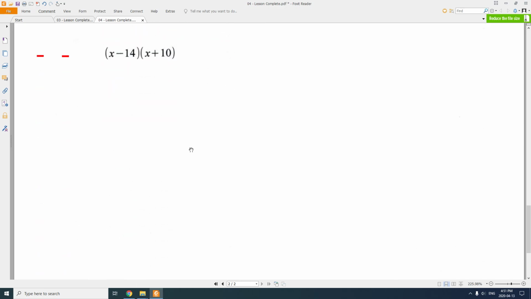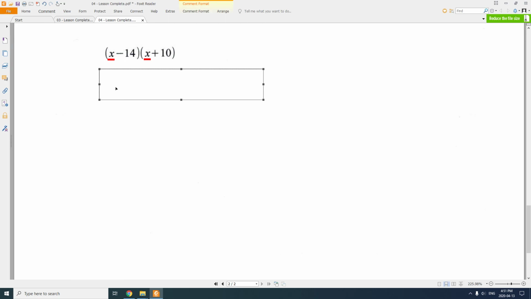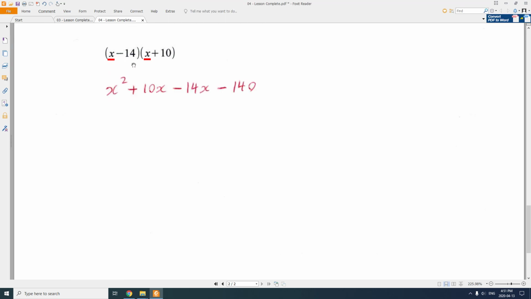All right, you can check the last one now. Once again, I'll use FOIL. Starting with the first term in each bracket. First terms, x times x is x squared. Outside terms, x times 10 is 10x. Inside terms, negative 14 times x is negative 14x.